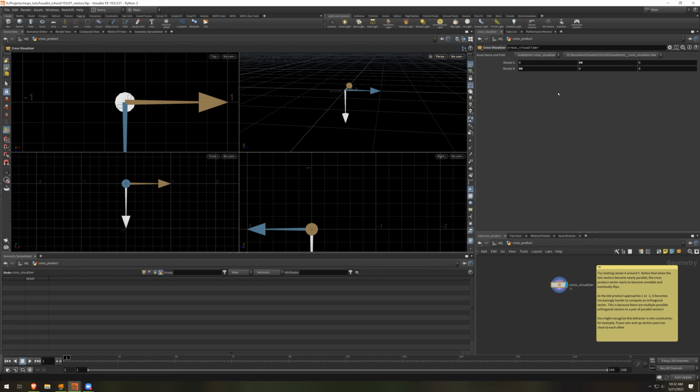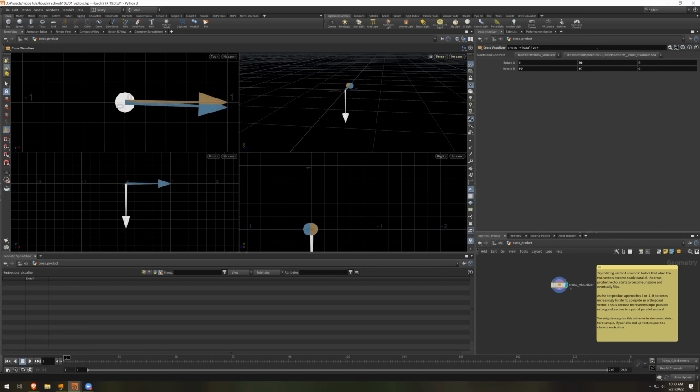The other thing to note about this is that, again, if I start rotating these things so that these vectors are almost facing each other, you're going to hit a point when they're too close together that they become unstable and freak out.